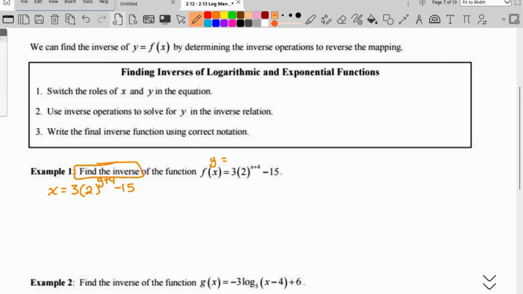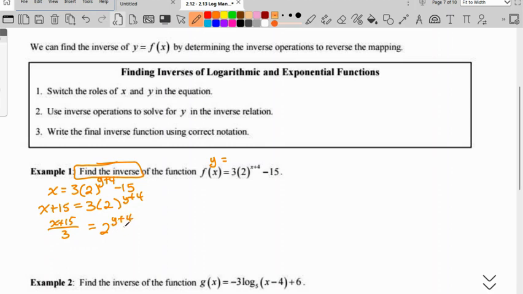Okay, now we just want to solve for y. The first thing we want to do is add 15 to both sides. So x plus 15 equals 3 times 2 to the y plus 4. Next I want to divide both sides by 3. So x plus 15 over 3 equals 2 to the y plus 4.